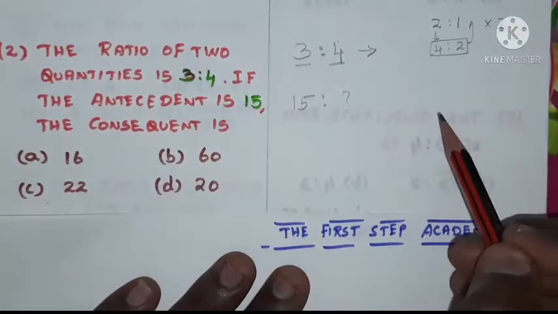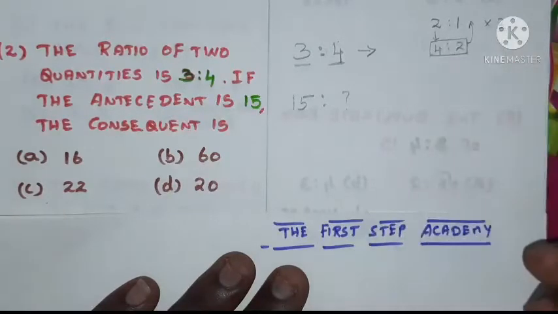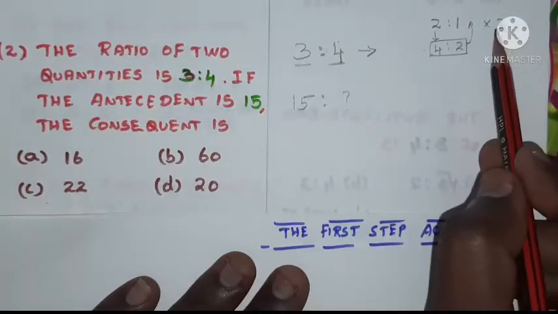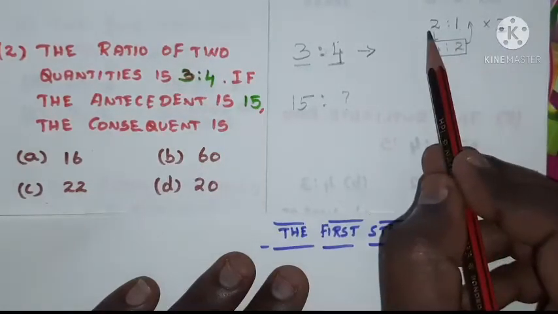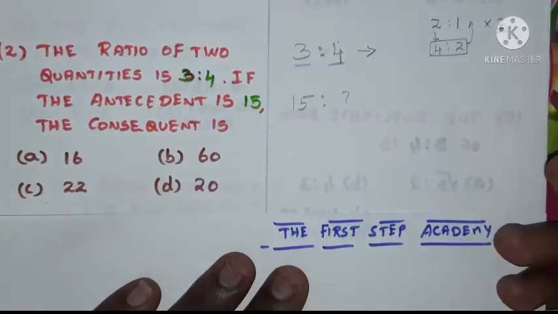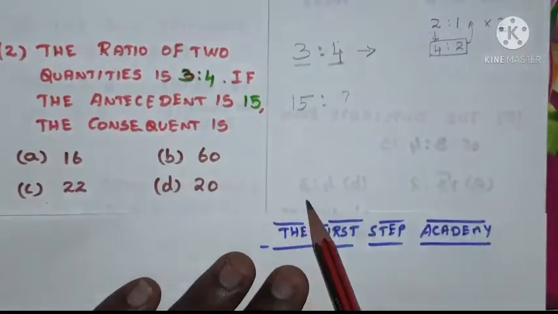Am I right? That's what the statement says. Multiplying or dividing each term of the ratio by a common number will not affect the ratio. According to that, we are going to find the consequent here.